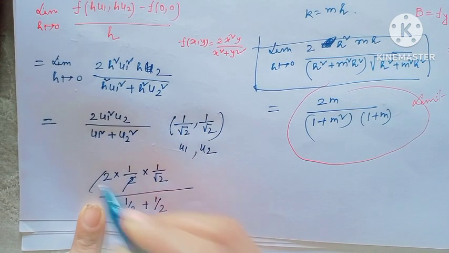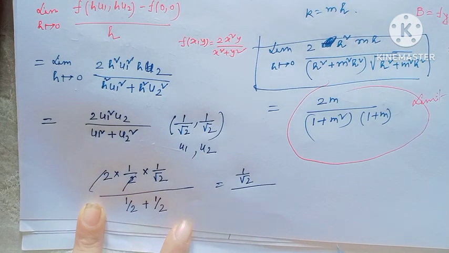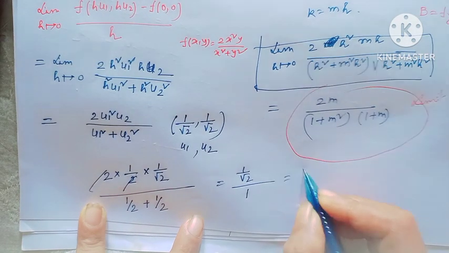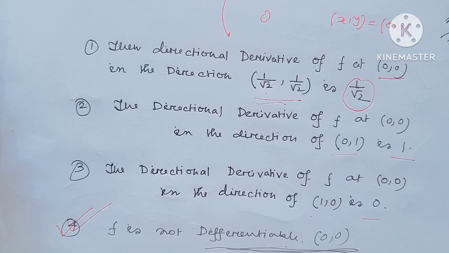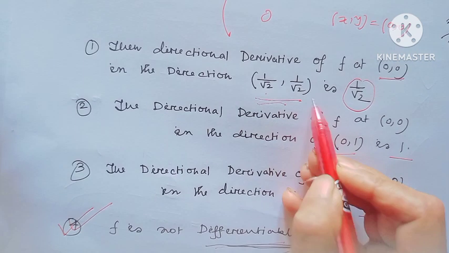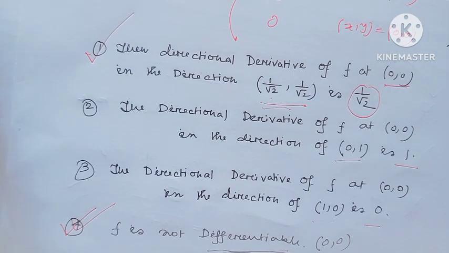So this value would be 1 over square root of 2 divided by 1, which is 1 over square root of 2. So notice the option: the directional derivative of the function f at (0,0) in that direction is 1 over square root of 2. This is the right option.